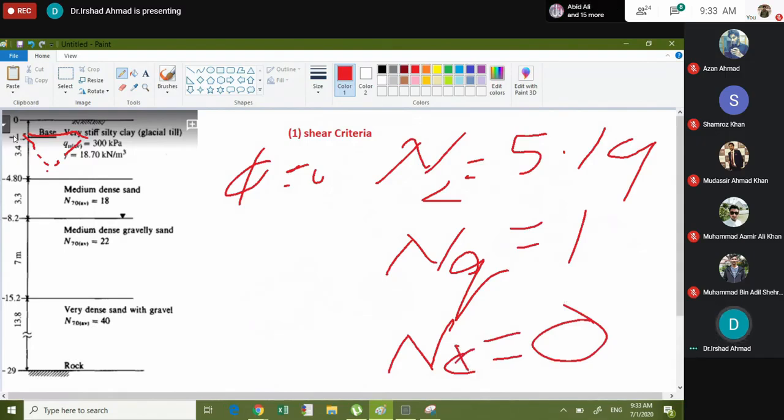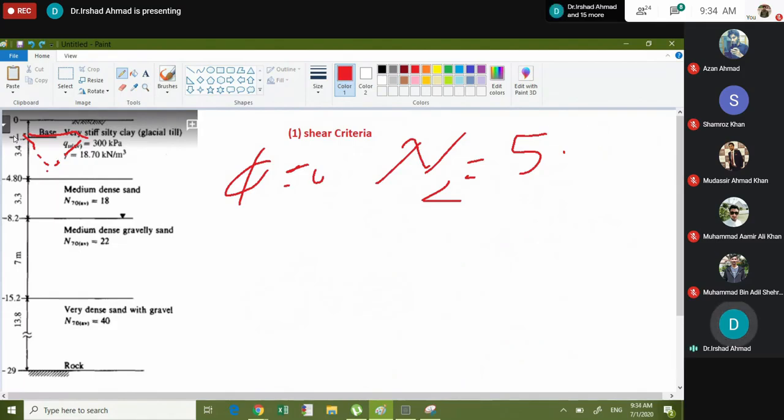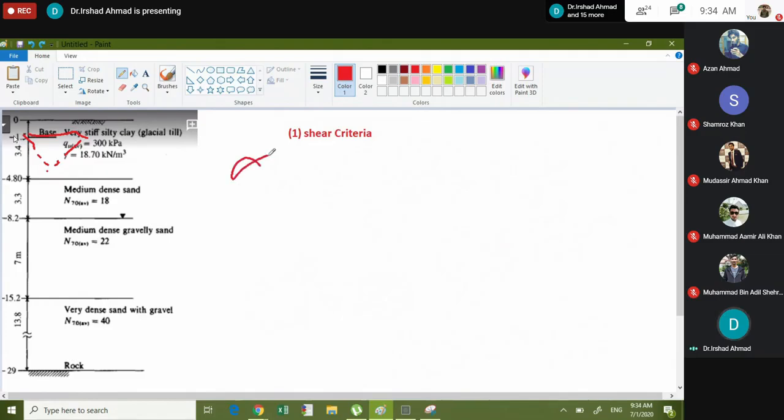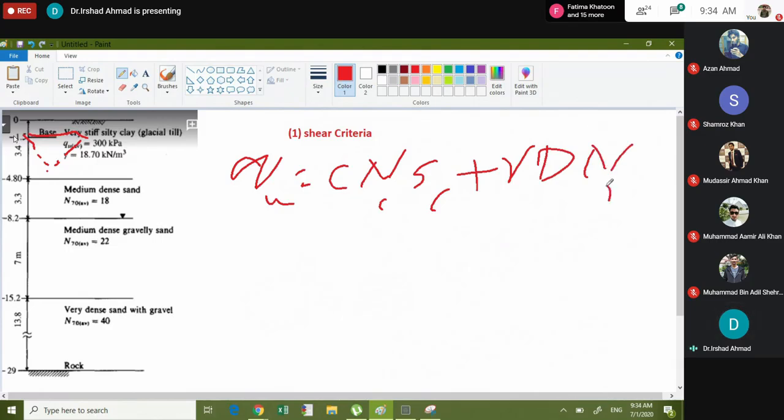So it means the third term of the bearing capacity is 0. You have now qu is equal to c Nc Sc plus gamma D Nq. The third term is 0, so I don't write it.